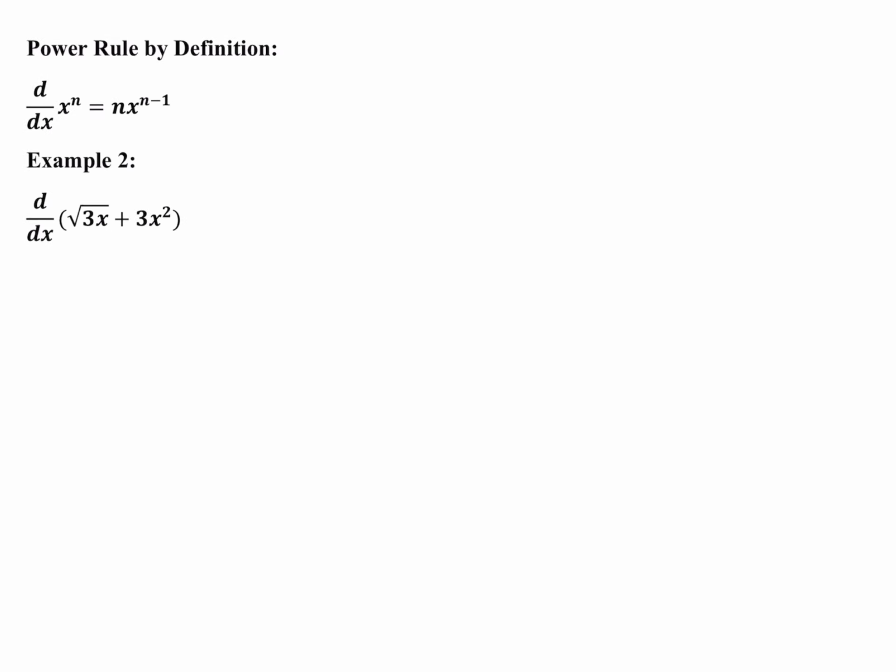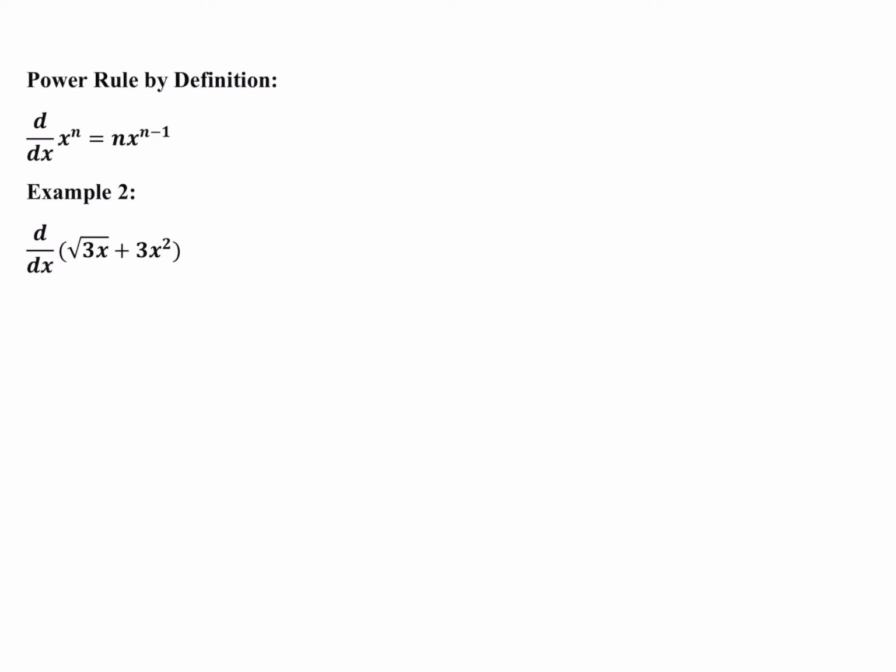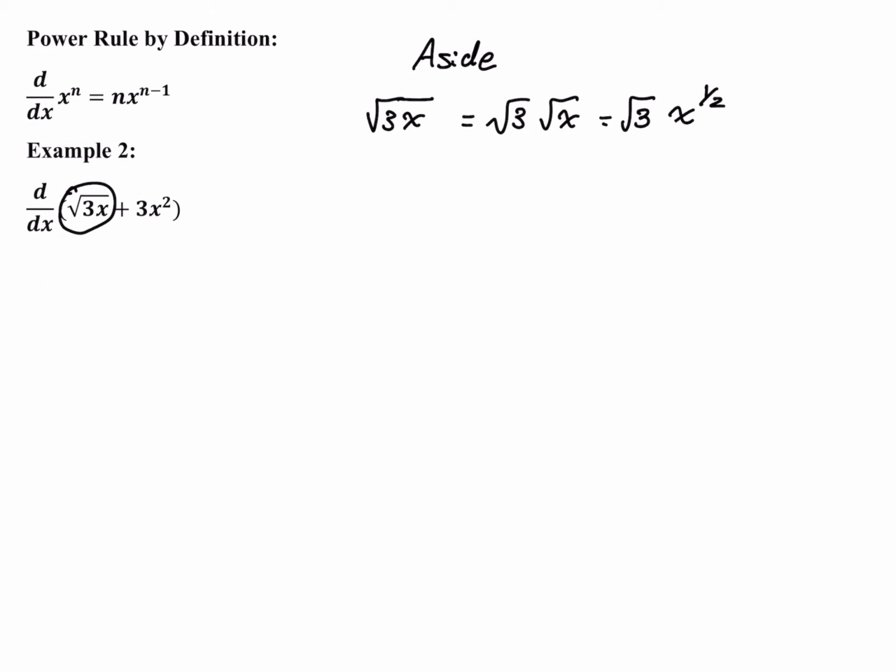Now, let's touch on the second one. The second derivative is a very similar concept to the first, except now we have this radical we're dealing with here. So let's rewrite this radical a little bit. Let's do something quick on the side. We know that radical 3x is really equal to radical 3 times radical x, which is equal to radical 3 times x to the 1 half. So let's rewrite this in our equation.